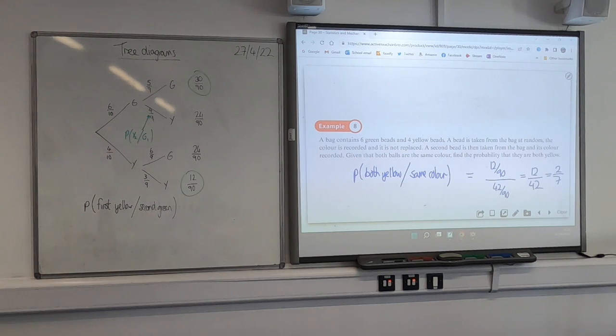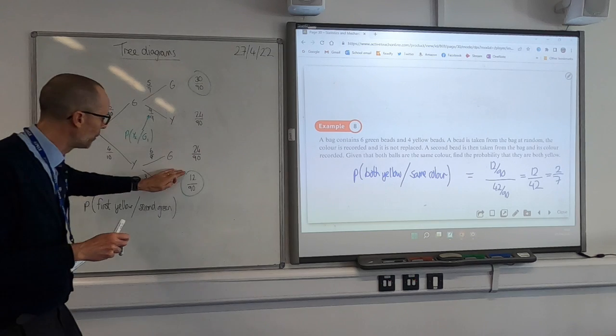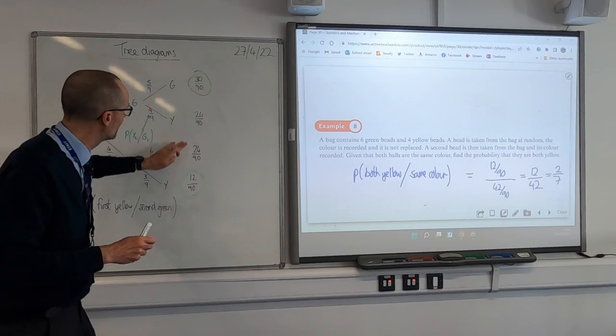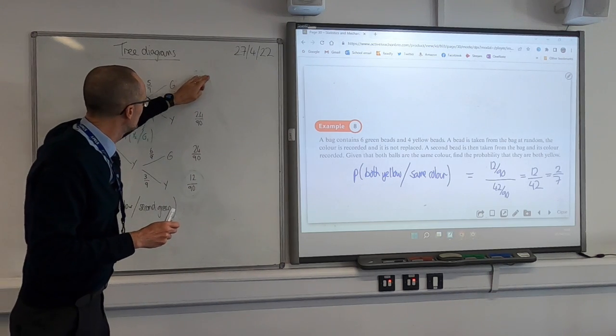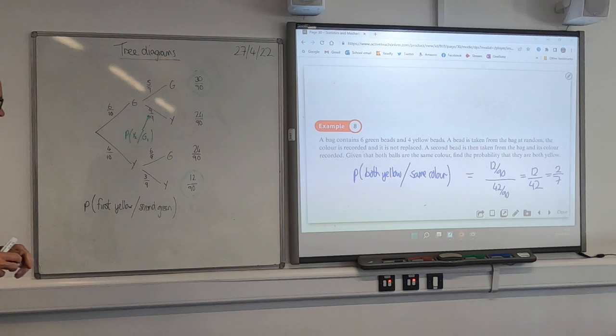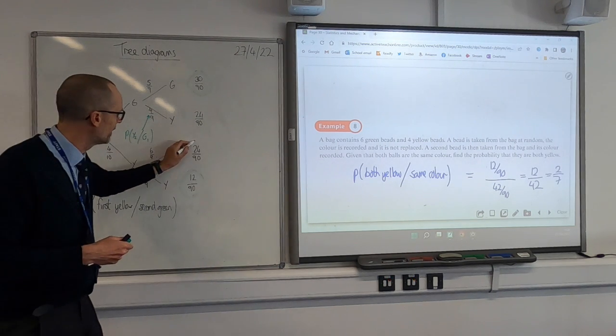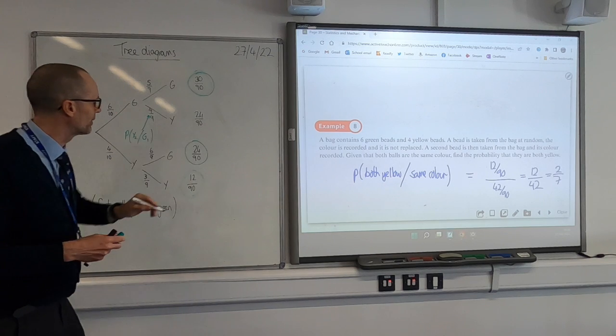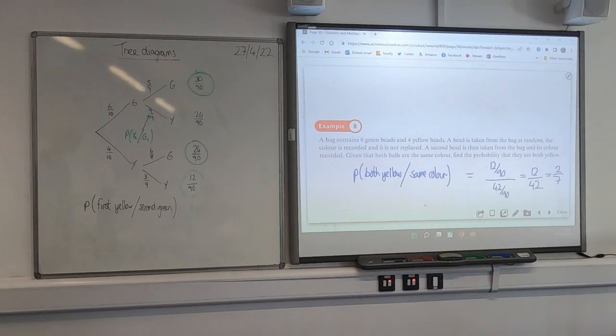Now, why have I written it like that? Again, it helps me think about the whole numerator-denominator thing. So the probability that the second ball is green is going to be my denominator. And that's those two outcomes, isn't it? 30 out of 90 and 24 out of 90.